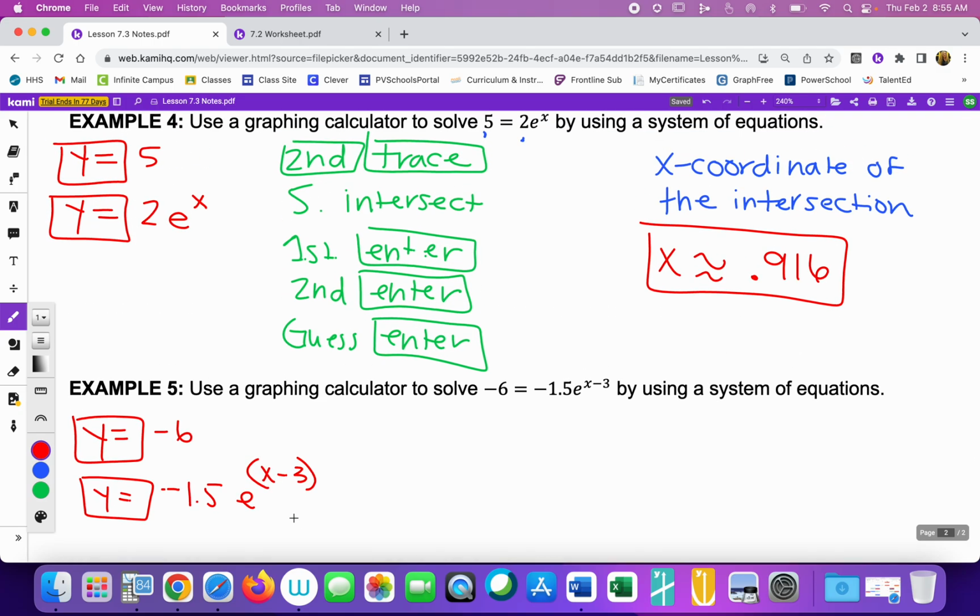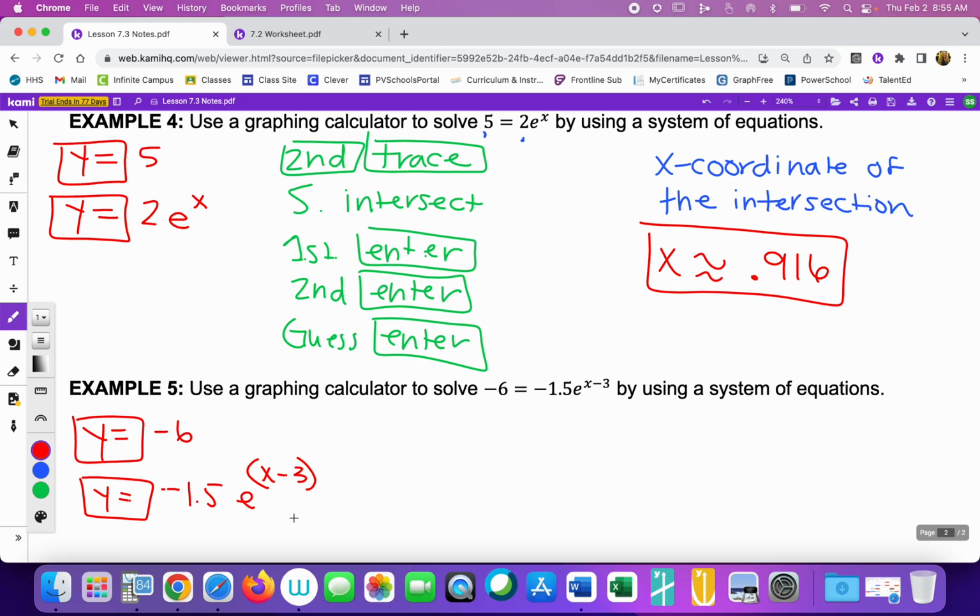Then walk through that process. So let's see if we can get the right answer. Again, 3 decimal places is usually pretty standard for these.